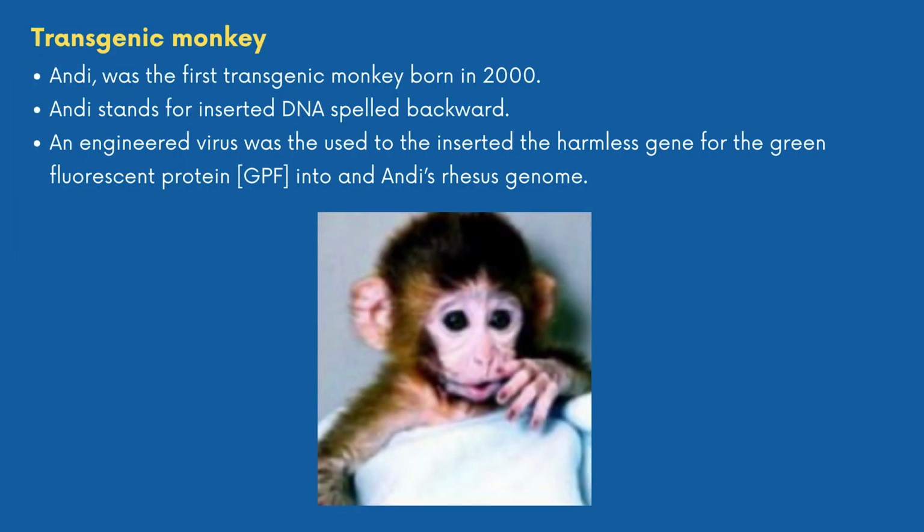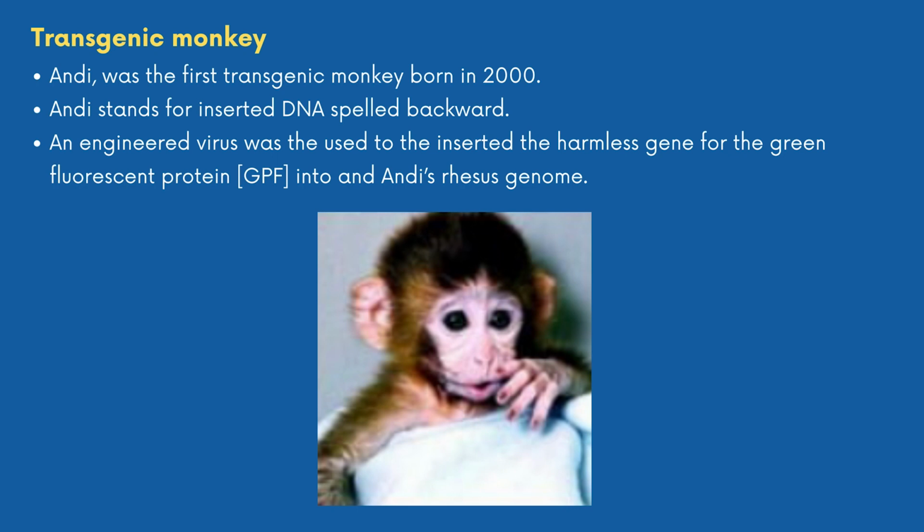Then the transgenic rabbit, Alba, the EGFP enhanced green fluorescent protein bunny created in 2000 as a transgenic animal. You can see here the green fluorescent transgenic bunny. Then the transgenic monkey: Andy was the first transgenic monkey, born in 2000.